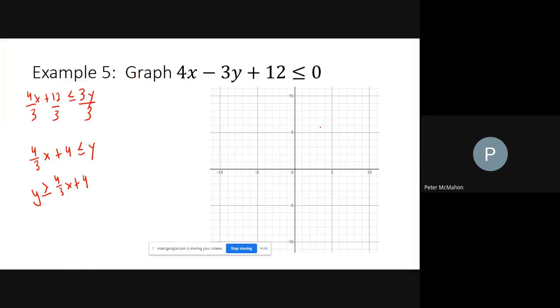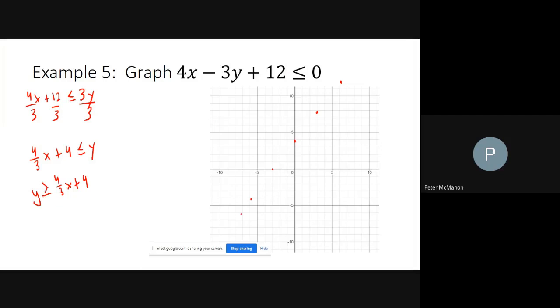So this would look like 4 is my y-intercept here, and I'm going up 4 over 3. 1, 2, 3, 4 over 3. Up 4, right 3. Or I can go down 4, left 3. Now in this case, we are including the boundary line because it's greater than or equal to.